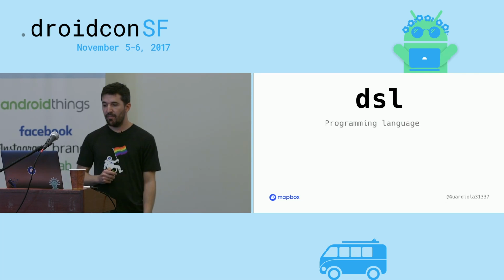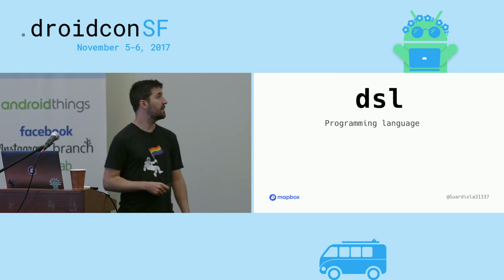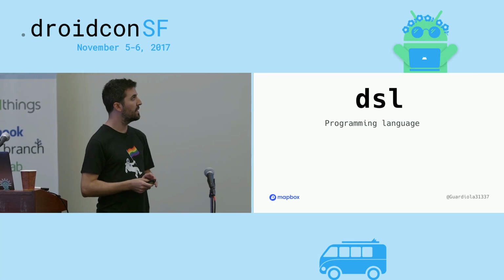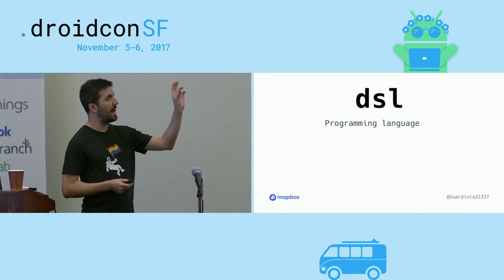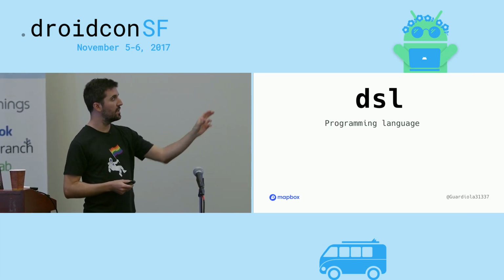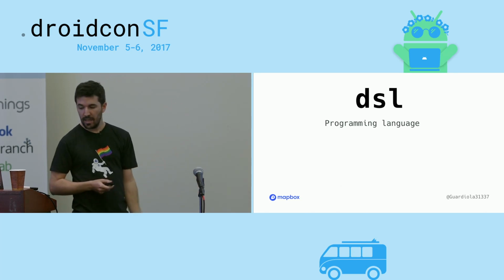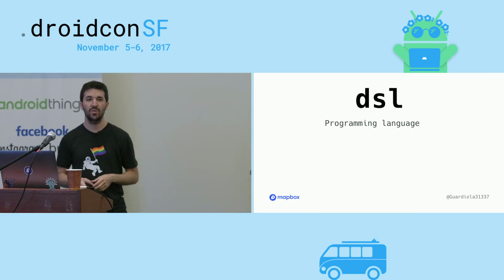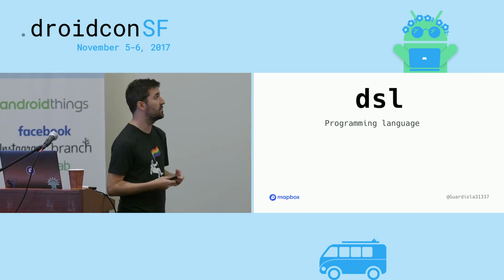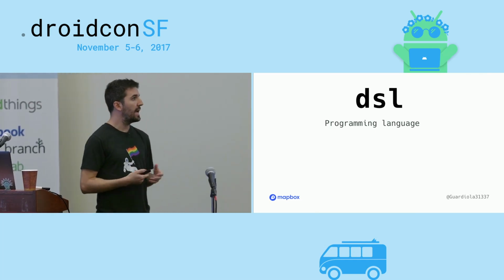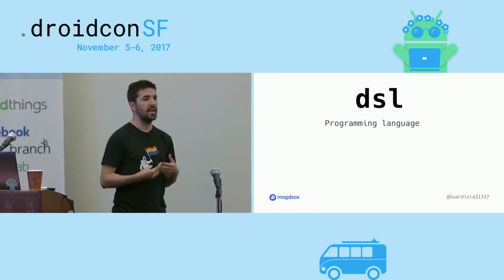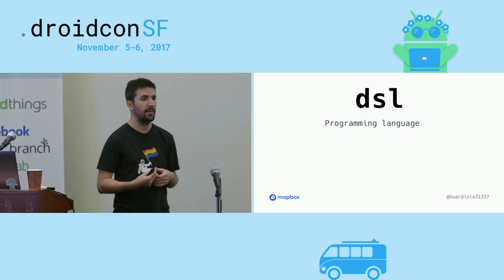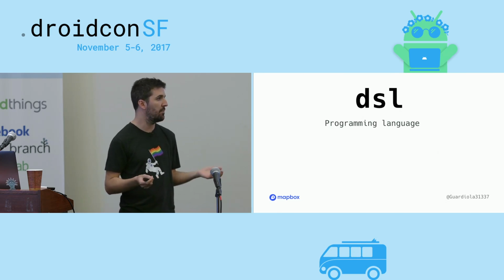First of all, we have in the definition the part of the programming language, and here we need to note the word programming, in the sense that a DSL is used by humans to instruct a computer to do something. So again, we don't want to create a regular language like English, for example.